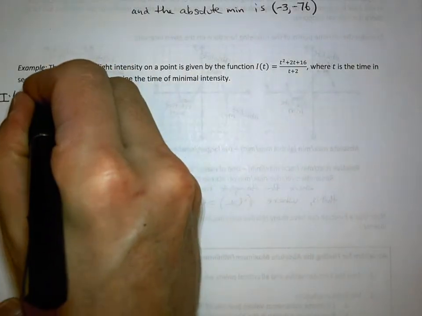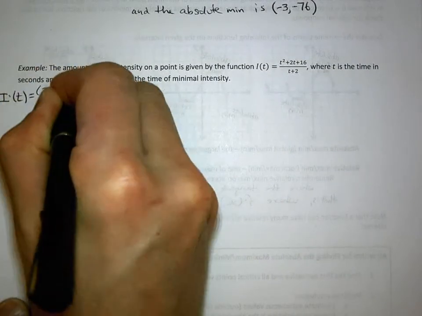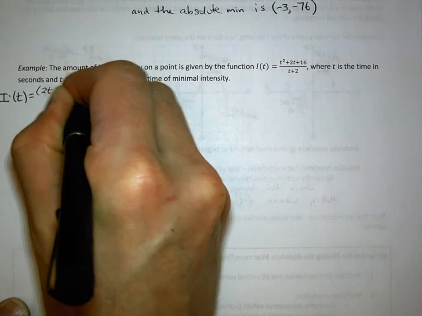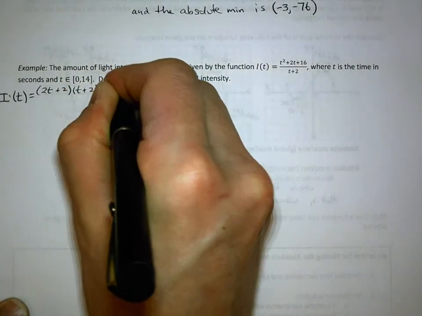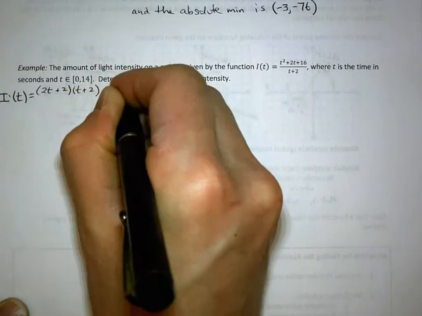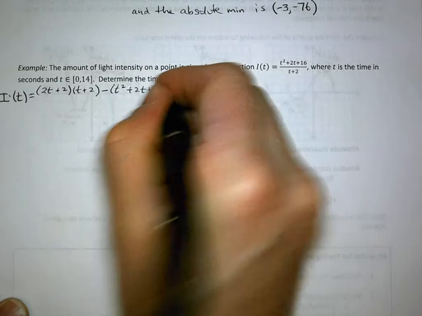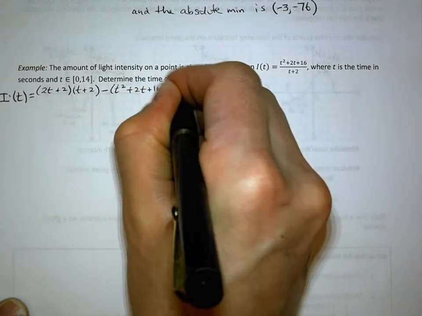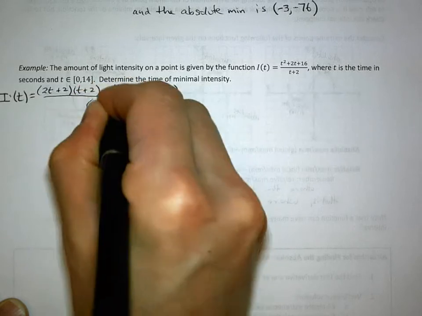The derivative of the top thing is 2t plus 2 times the bottom thing, which is t plus 2, minus the top thing, which is t squared plus 2t plus 16, times the derivative of the bottom thing, which is just 1, all over the denominator squared, so t plus 2 squared.